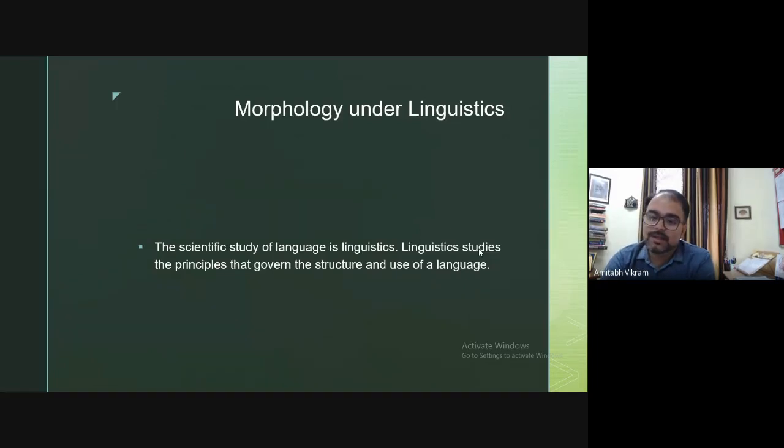That means all the competent speakers of a particular language form a speech community. And what is a speech community? That means there are certain principles, and those principles are inbuilt in the mind of all the speakers, and they follow them when they use a language.